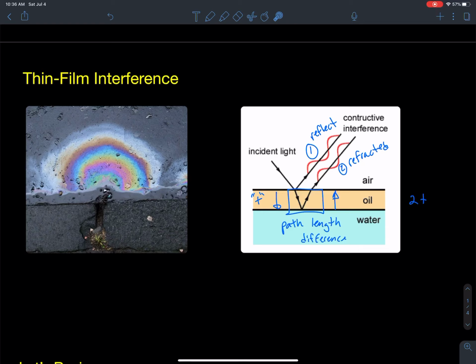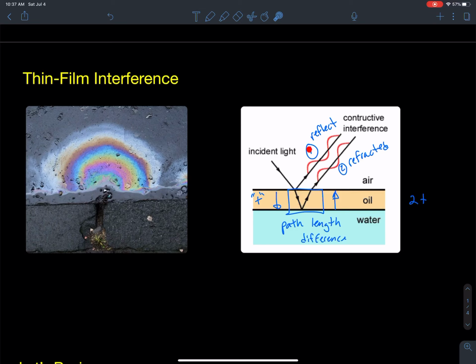The important thing here is that you're getting an idea that when light is hitting a very thin layer of oil or a thin layer of any type of film, it reflects and then it refracts. And the colors that you're seeing from this pattern are due to interference when those two waves meet up. The extra path length that the second wave went through in that film is going to give it some math so that when it comes out, is that wave going to be in phase with the other wave on top, or is it going to be out of phase?